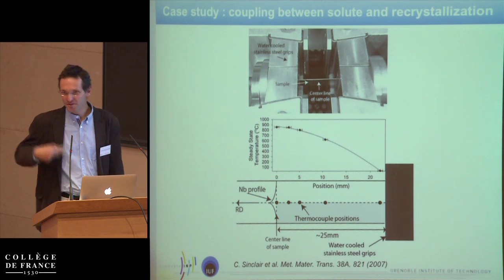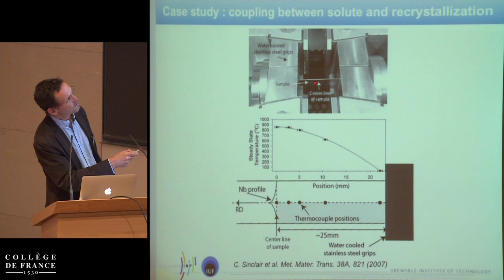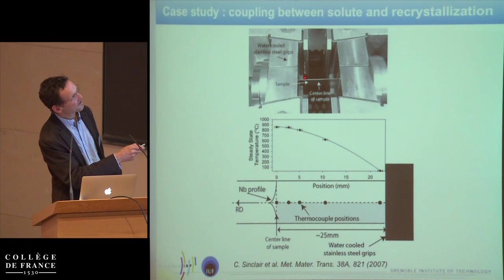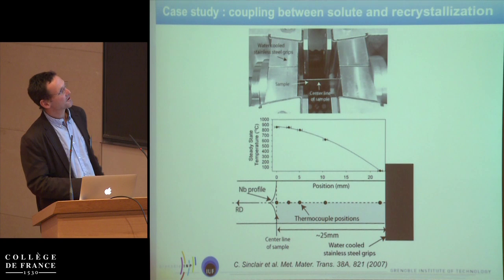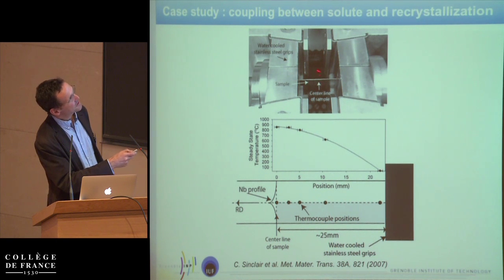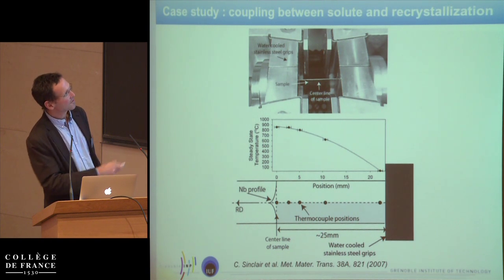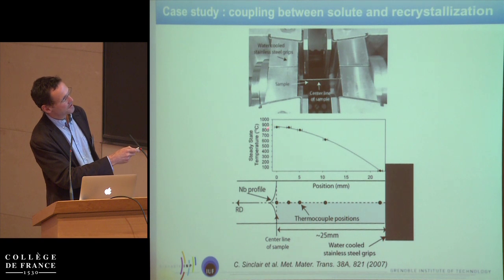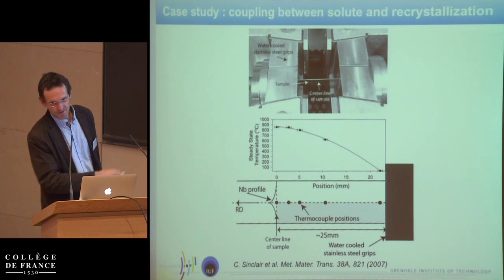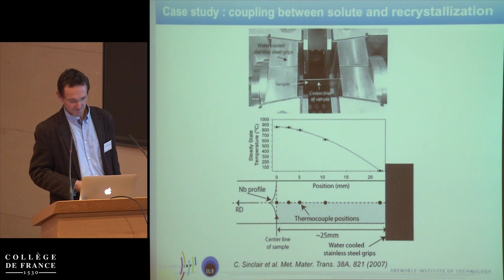So they took their rolled diffusion couple, which is now a small sheet of steel, and they put it in a thermomechanical machine that was able to have a different temperature on either side. And so on one side you had 850 degrees, and on the other side room temperature. And then you had the thermal gradient in between the two.